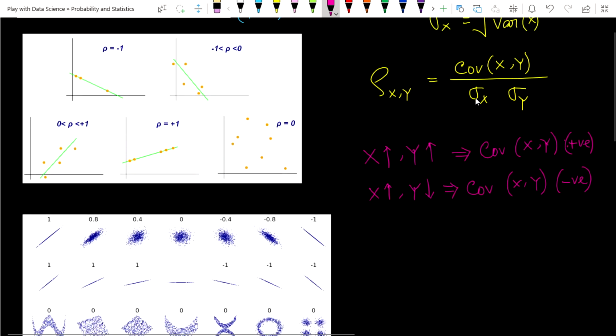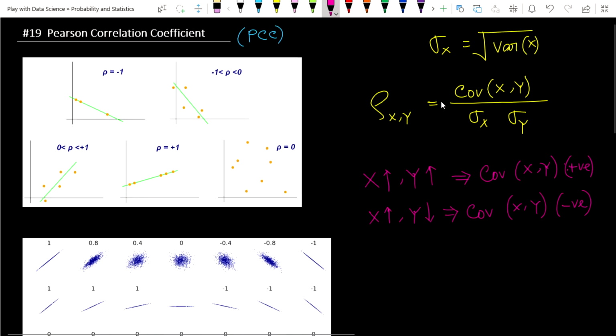If you just visualize it, we have divided by sigma x and sigma y.